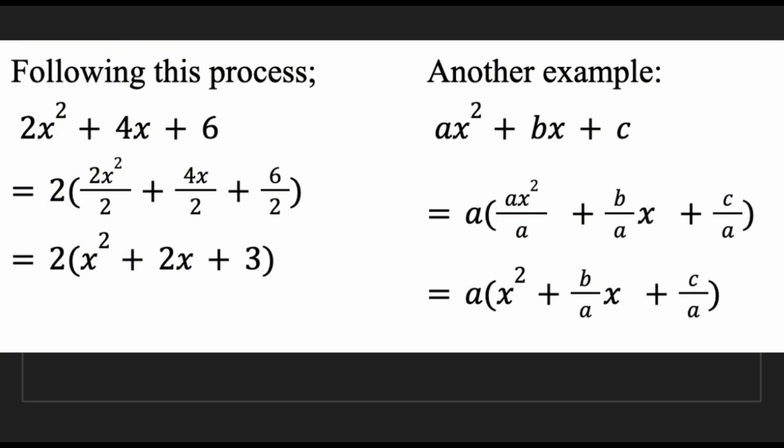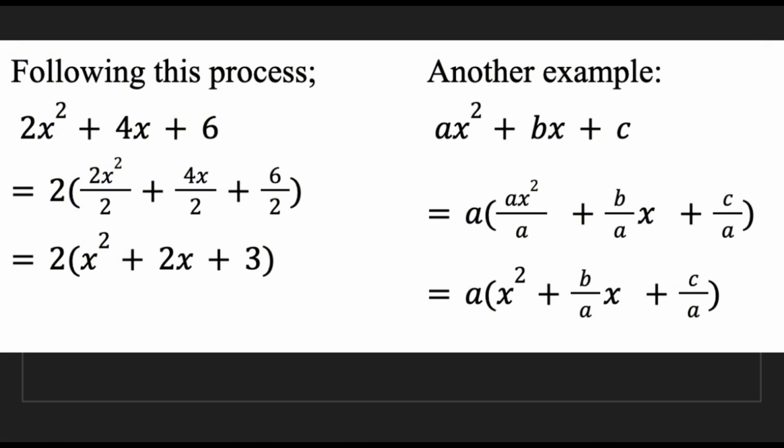After you write the a outside, write a parenthesis, then you divide all 3 terms individually by the first coefficient a. As you can see, ax squared divided by a is just x squared. b divided by a will remain as b over a. c divided by a will remain as c over a.